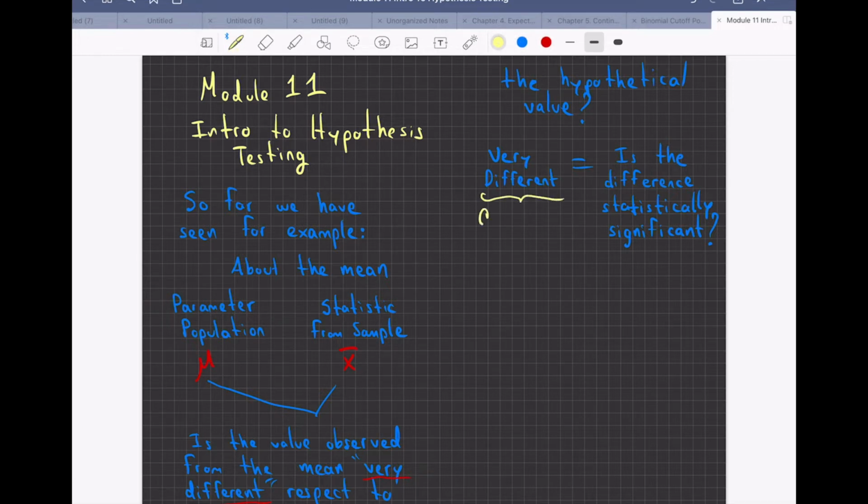So this is common language, and this is the language used in statistics.